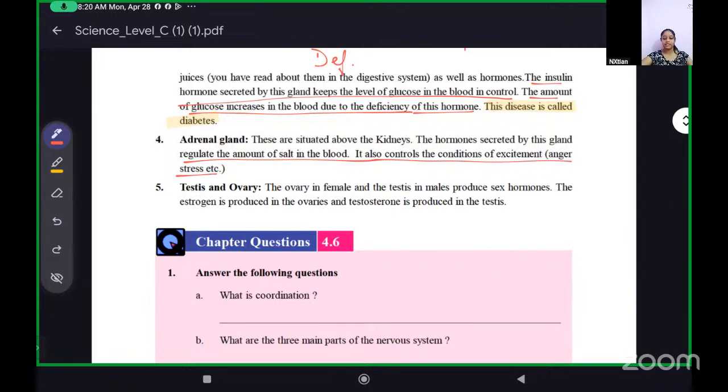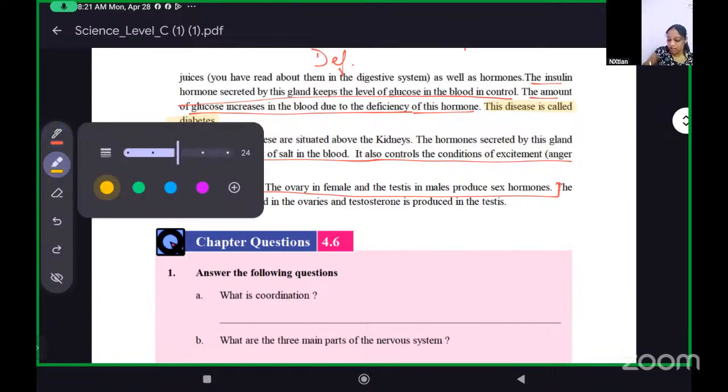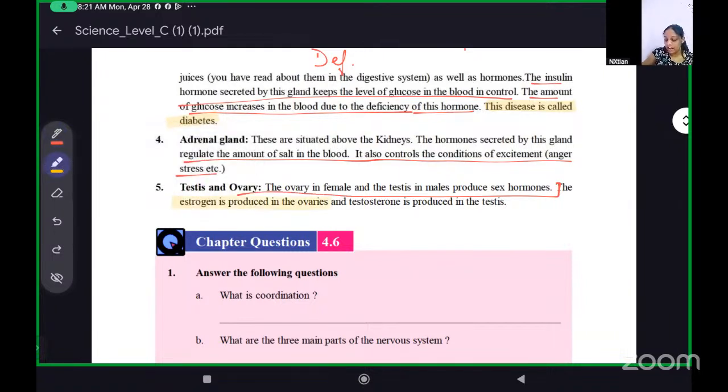Then there are the testis and ovary, which produce sex hormones in males and females. Estrogen is produced in the ovaries, for females, and testosterone is produced in the testes, in males.